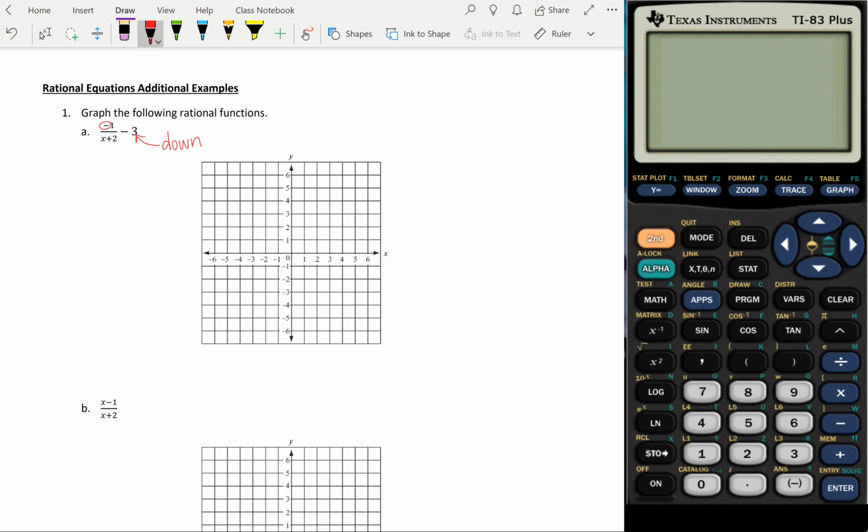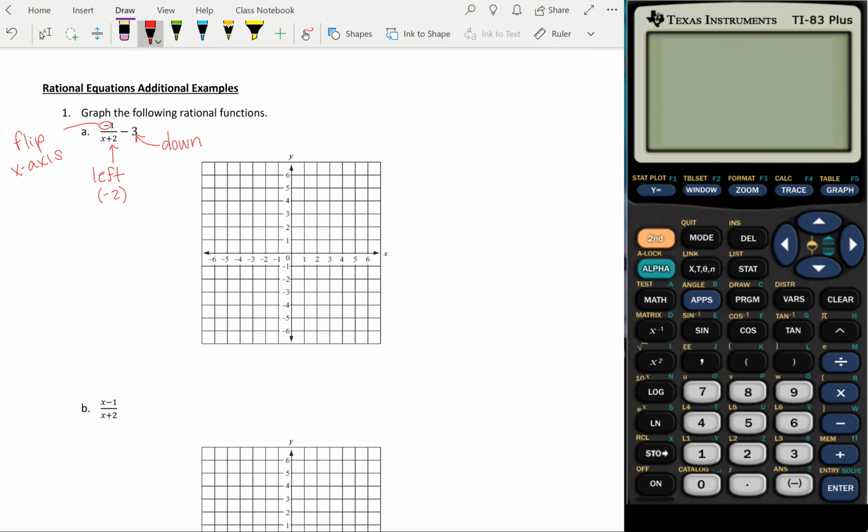The negative in the front is actually going to flip over the x-axis. And of course, the number inside of our problem is going to go in the opposite direction. So if it is plus 2, technically we're going to go to negative 2. So we'll go left 2, down 3.